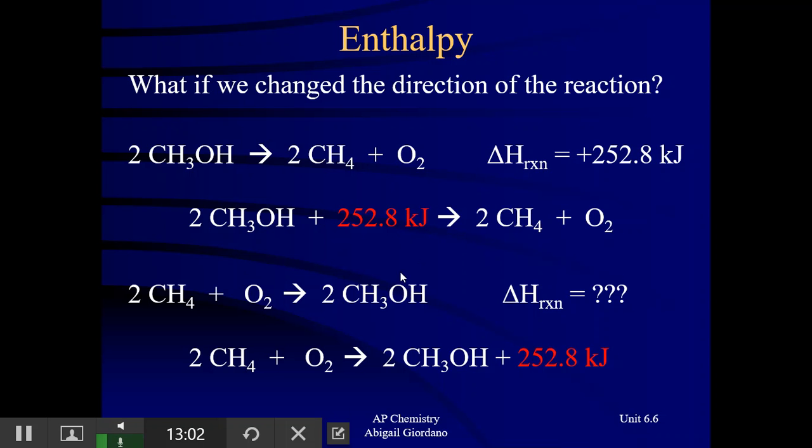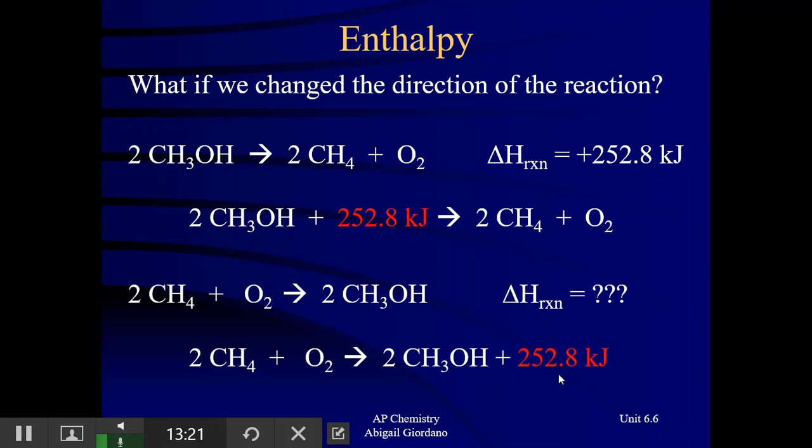Well, what if you flip the reaction around? Okay, if you'll notice what's on this line right here is just the same reaction, but written flipped around. Let's do the same thing. Now the heat is written on the product side, which makes sense.